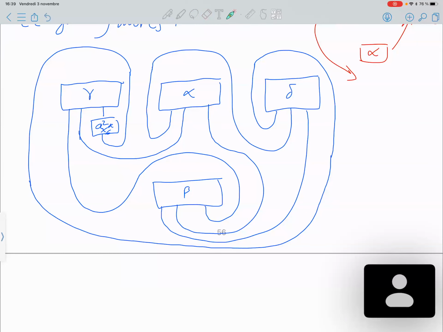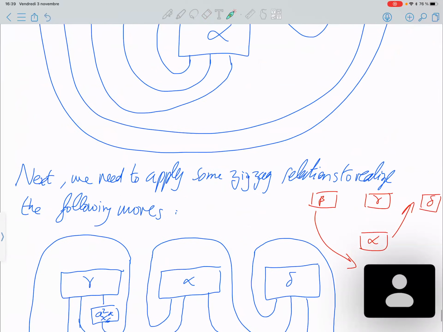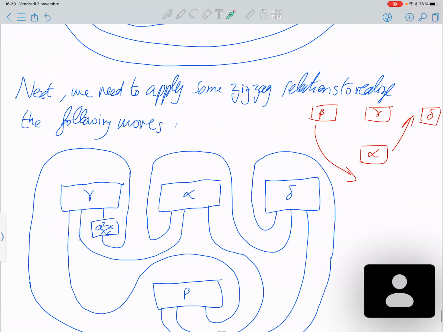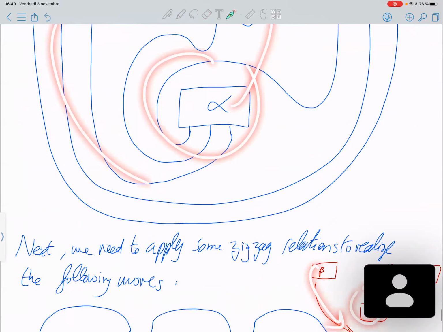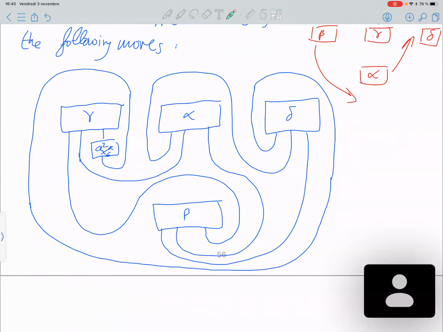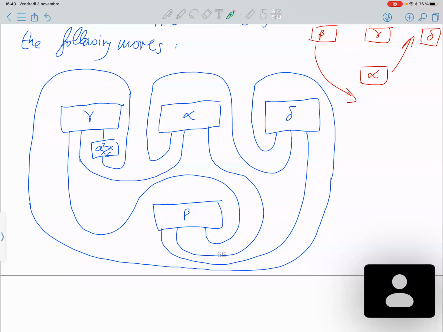So now we realize this move here. So we moved alpha here, beta here. So we move that here and that here like that. So everything is okay up to some zigzagulation. Okay.